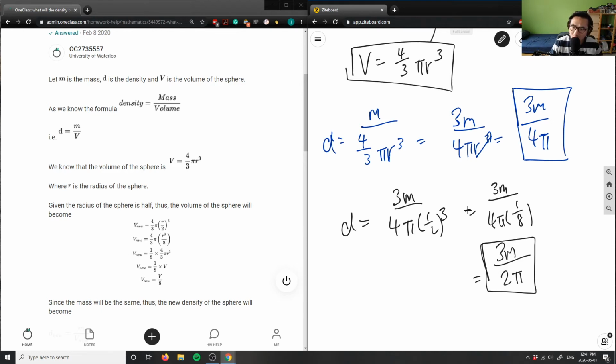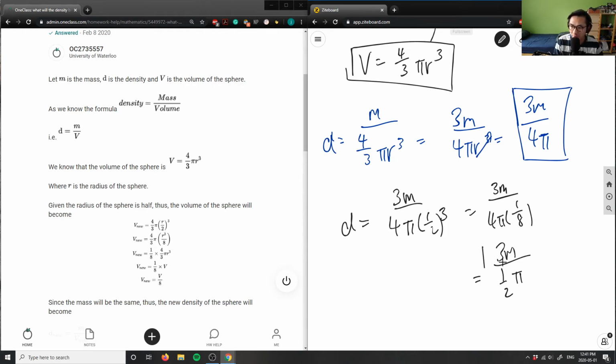I don't know where the math went wrong here. Just give me a second. 0.5 cubed is 1/8 times 4 is half. Sorry, I messed up here. This is not 2. This is half pi here.